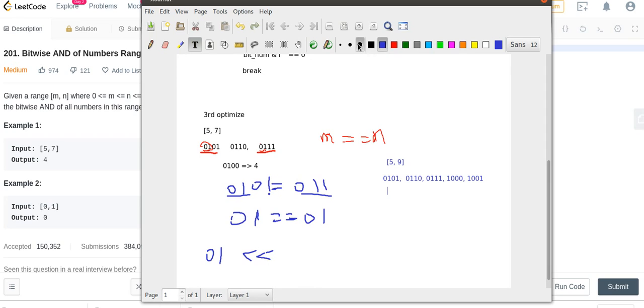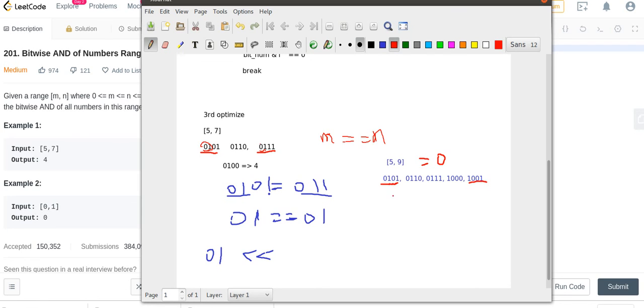And we also find that we only need to compare these two, because the answer for this should be 0, right?